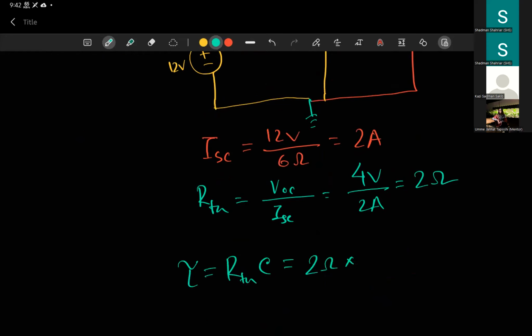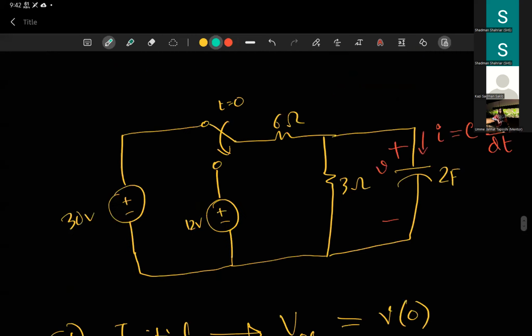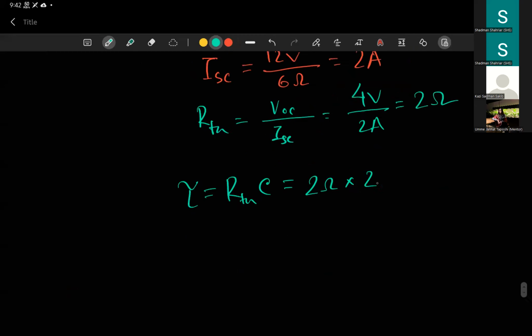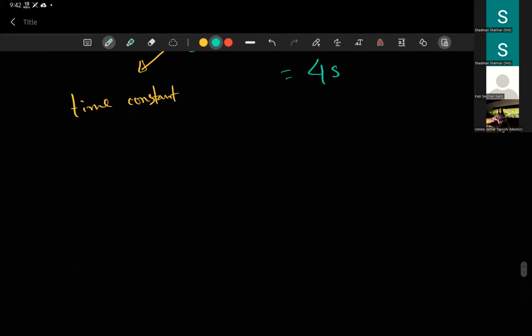Remember this name, because in your final exam we may ask you to write the value of the time constant instead of writing tau. The unit is of course the unit of time, which is seconds.